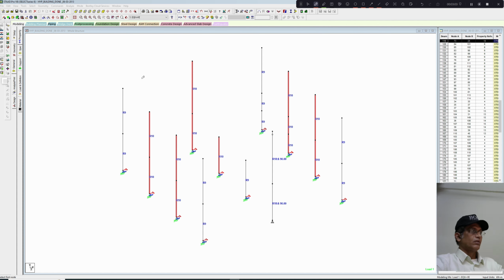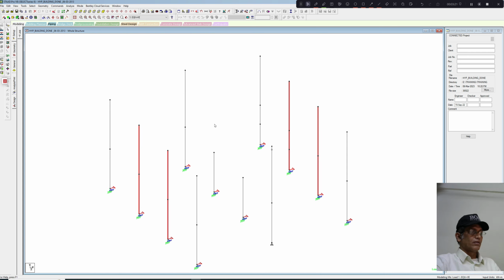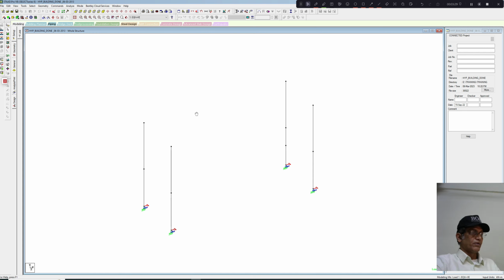So we shall consider only these 4 columns. We shall not consider this column and this column. So let us have view of these columns only. So go to view selected object. So we have these 4 columns.